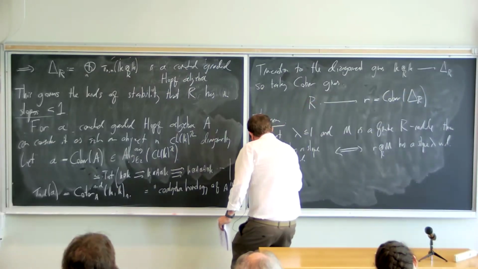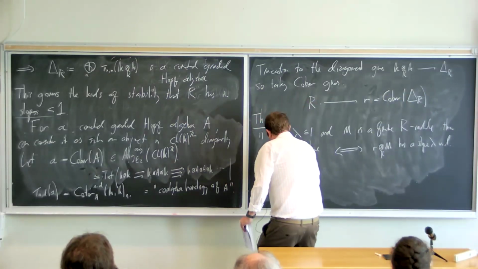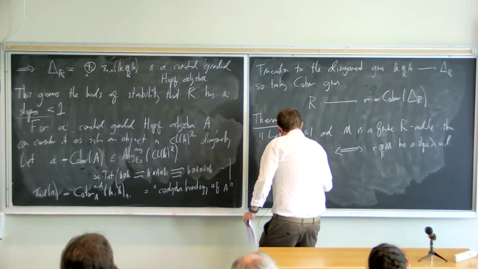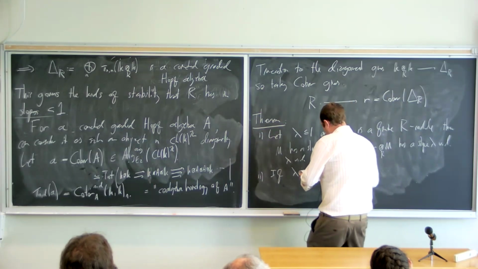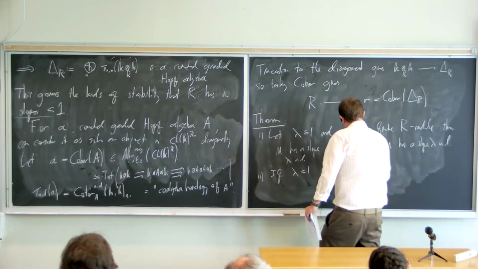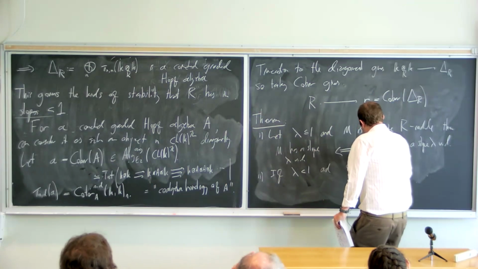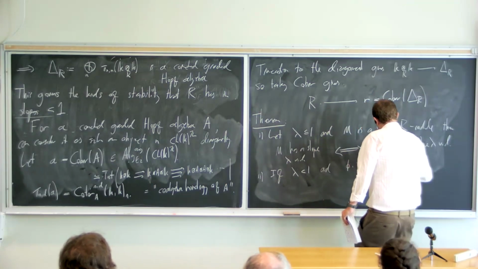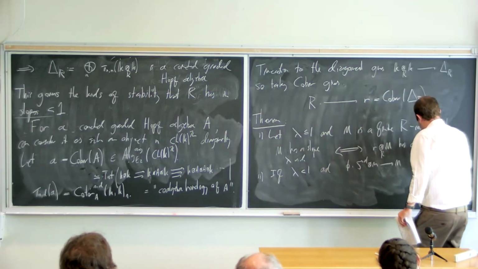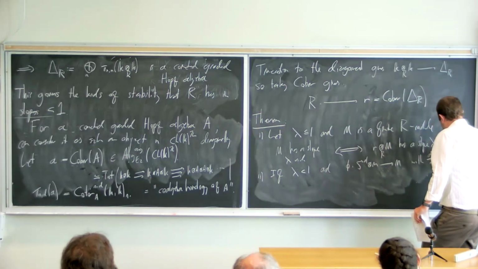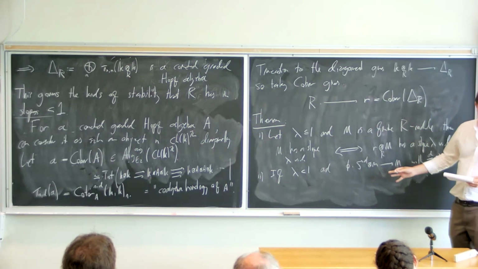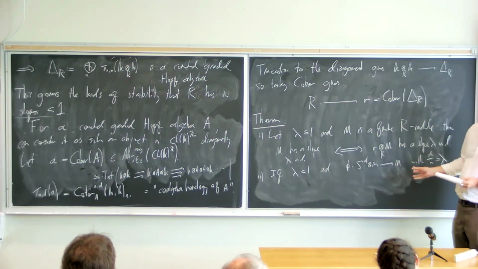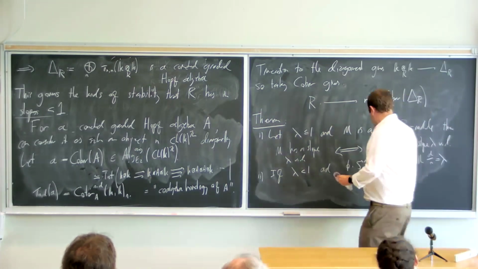And the second part says, if lambda is now strictly less than 1, and M is as above, and phi is an endomorphism of M whose slope is exactly lambda, then we can test if this endomorphism is nilpotent or not by base change down to the little r.